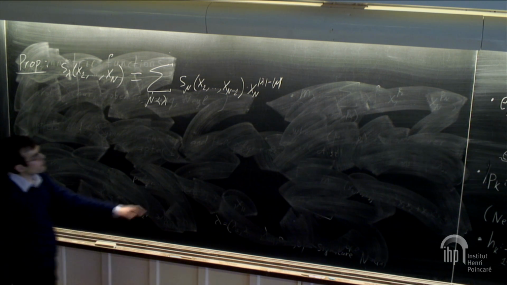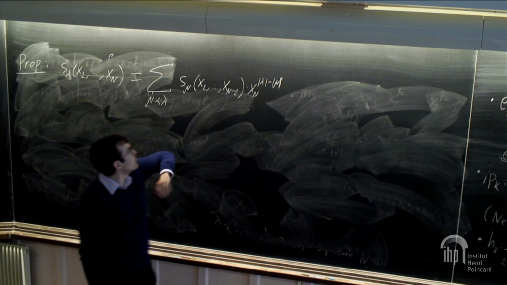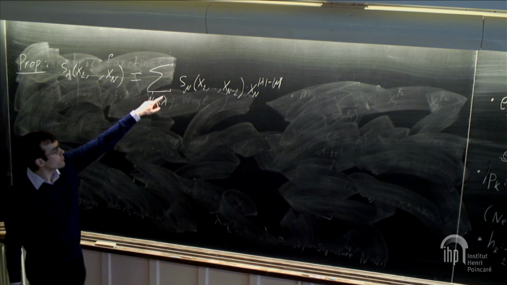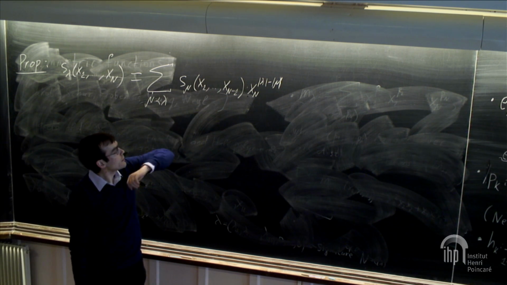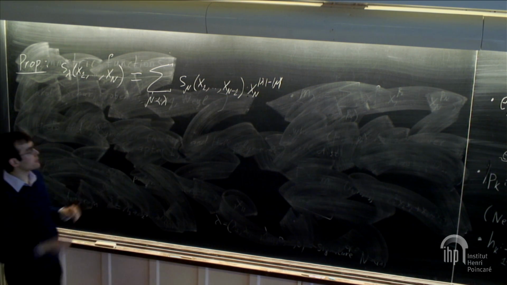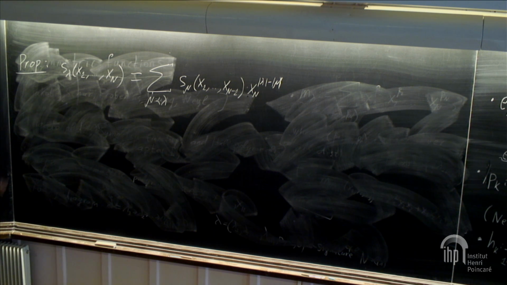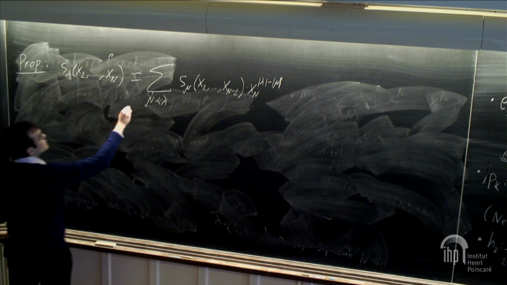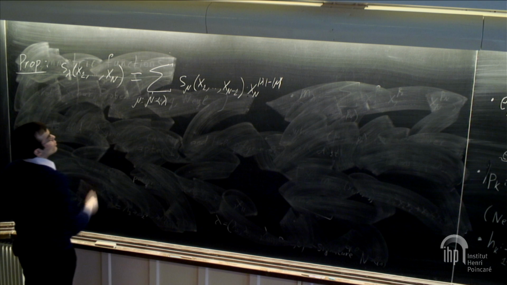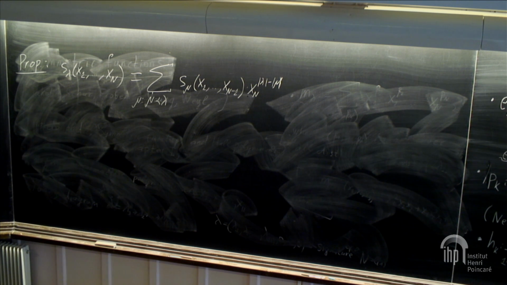I consider the variable xn separately, and I'm interested in what the coefficient is for each power of xn. And it turns out that it can be written as a sum over signatures mu which interlace with lambda, where mu is a signature of length n minus 1.